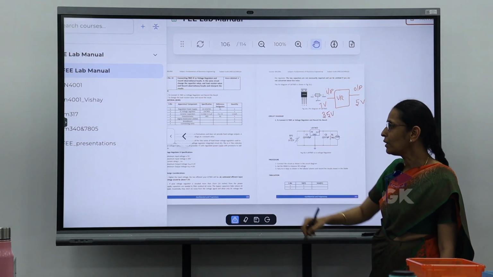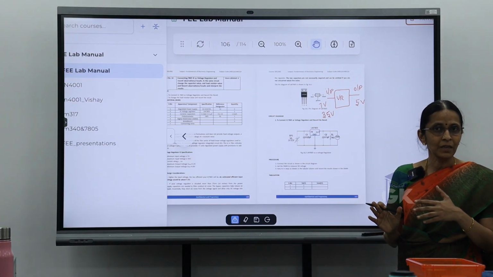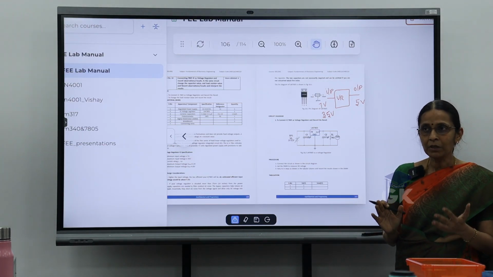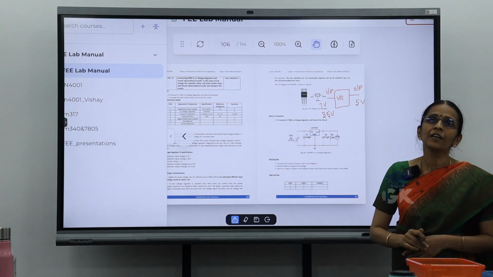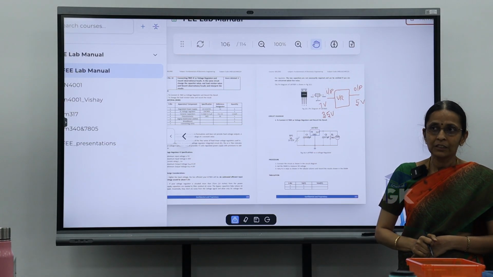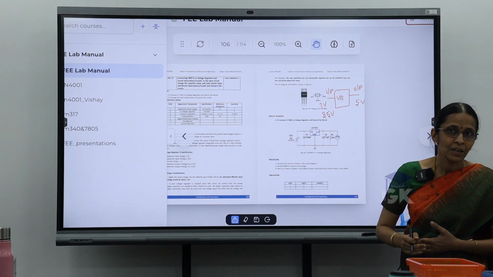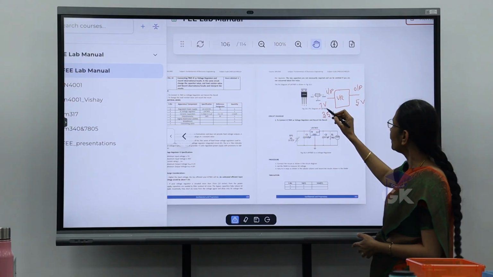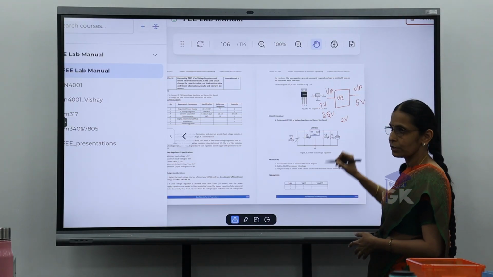But the statement that I have given here is that the difference in voltage should not be high. Why? Because the difference in voltage will be dissipated as heat across my IC. That is the reason we say that we should not give more input voltage to your IC. If I say 7 volt here, 7 and 5, what's the difference? 2 volt.